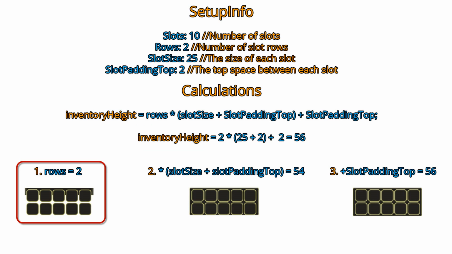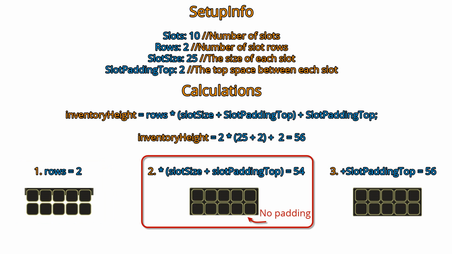If we look here, first we take our rows, which are equal to 2, so we know we need to do this 2 times. We multiply that by the size of the slots plus the slot padding top, which is 54. And as you can see, the bottom edge of each slot is hitting the edge of the inventory right now.